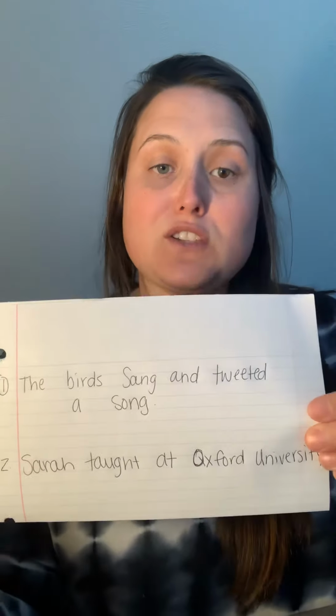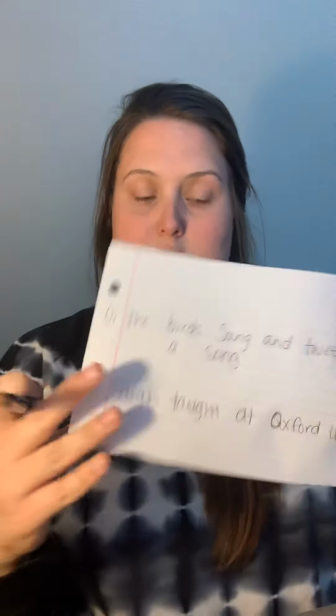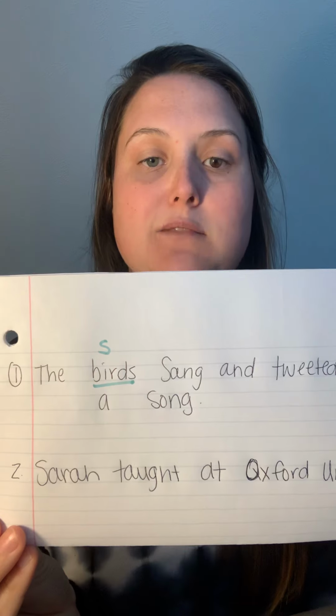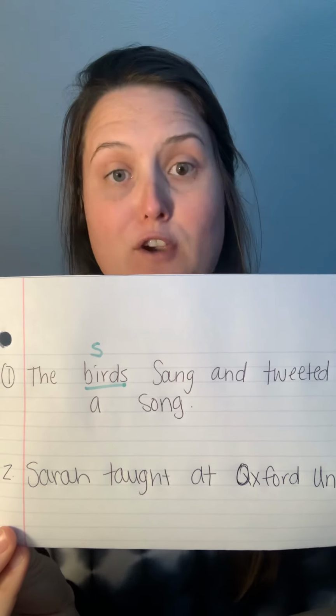Now, the first thing you need to do is identify your subject. So what is your subject? Yes, correct. The subject is bird. Okay, so we're going to identify that as our subject. Now, the second thing you need to do is don't forget to identify your verb or your verbs in a sentence.